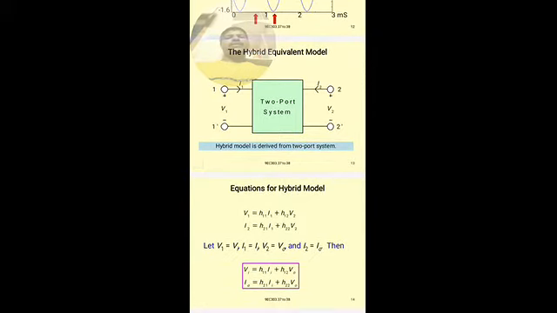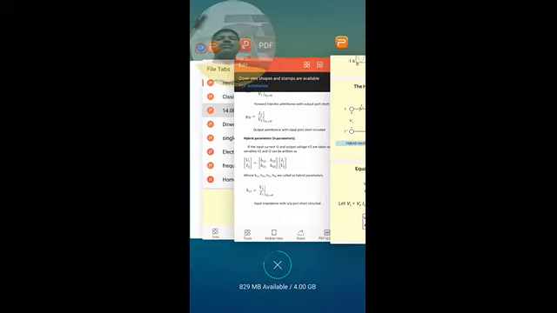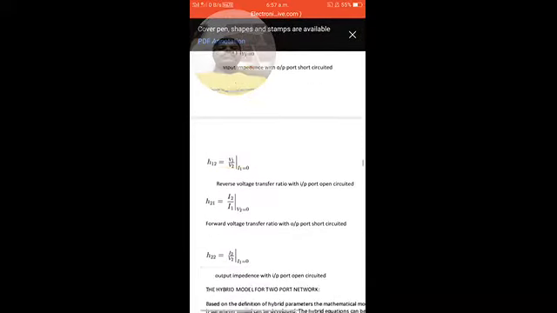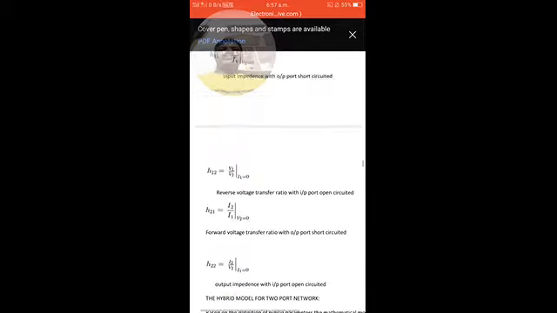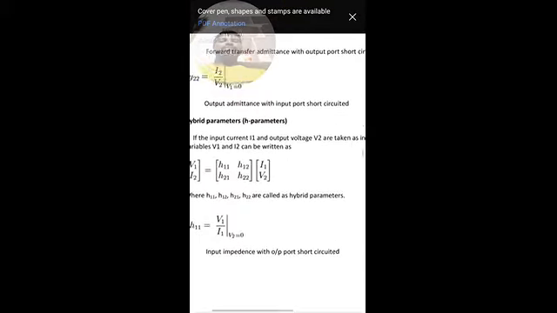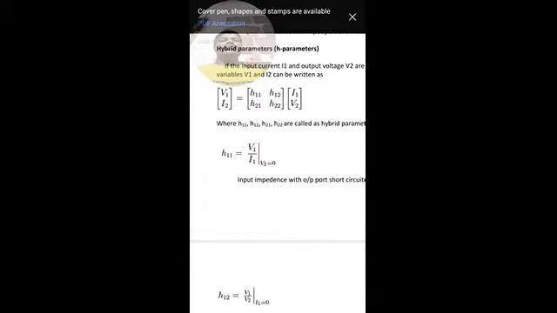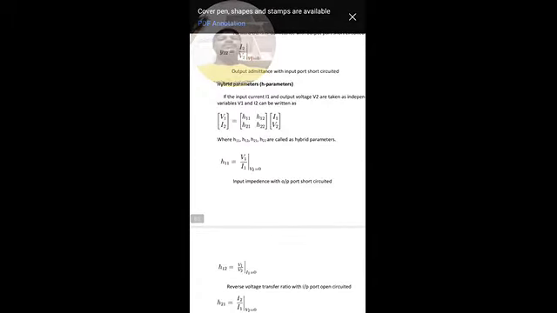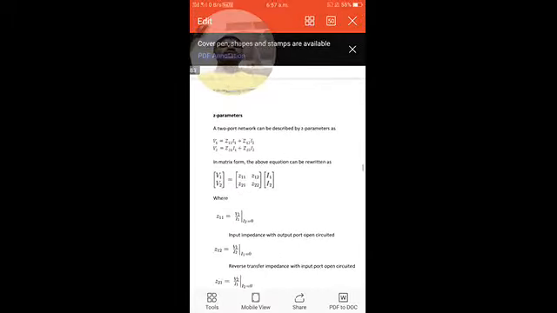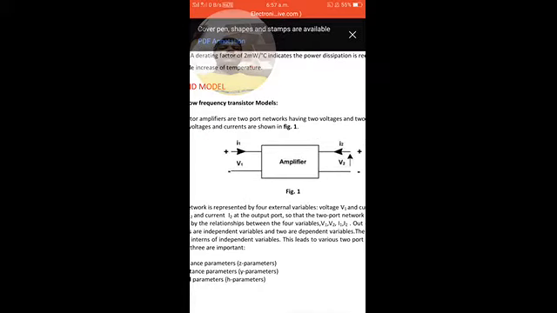The hybrid equivalent circuit is a two-port circuit. Here we have two input ports and two output ports. Here we can see the amplifier.